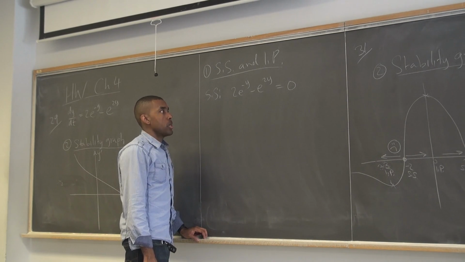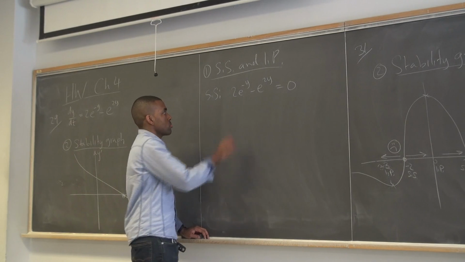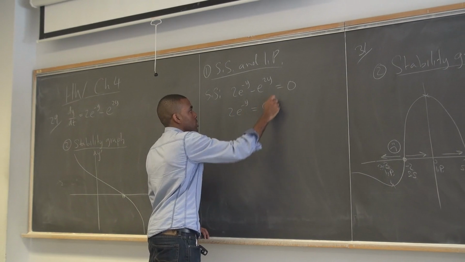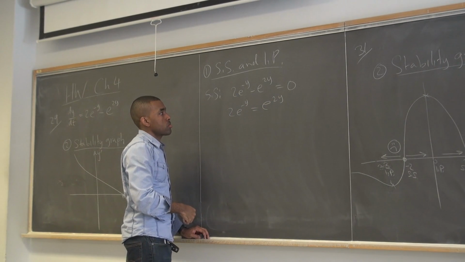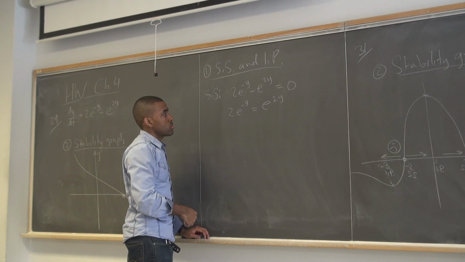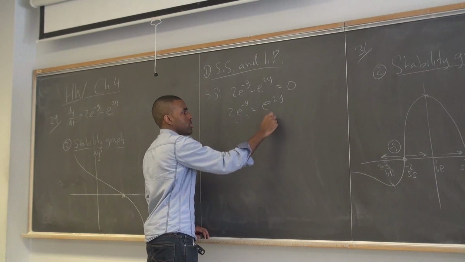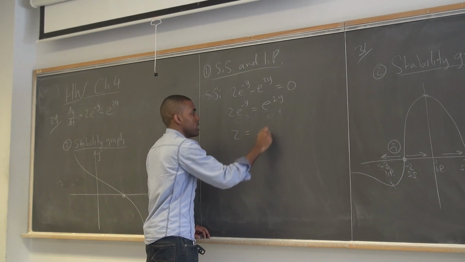Or why don't you just switch that e to the y to the other side? And then what I did is I plopped that e to the y from that side under the 2, and then I multiplied it. Well, so you divide it by e to the minus y, is what you're trying to say. Yeah, basically. Which would mean multiplying by e to the y. So you end up with 2 is equal to e to the 3y.